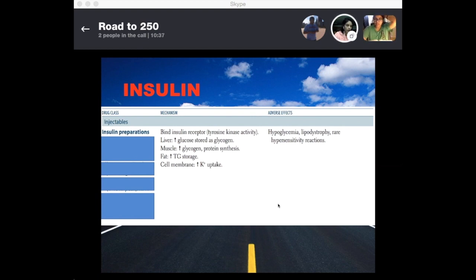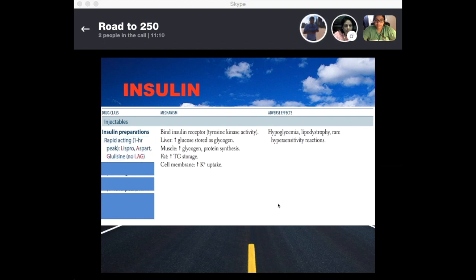So what are some of those? Long acting, short acting, moderate acting, exactly. Essentially they're broken down into rapid acting, short acting, intermediate, and long acting.